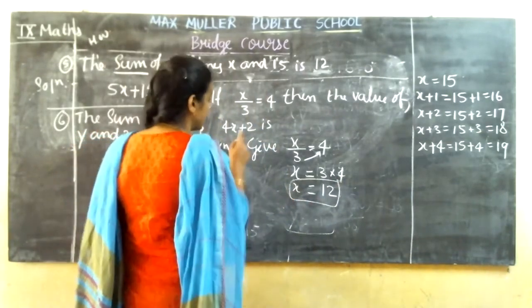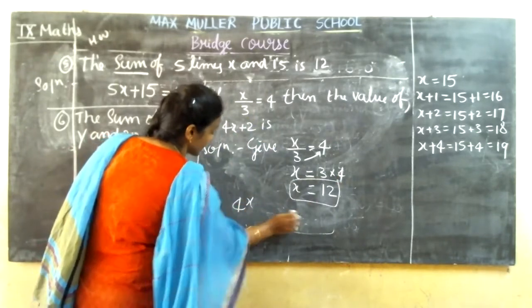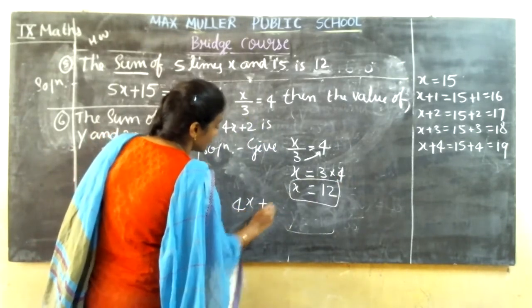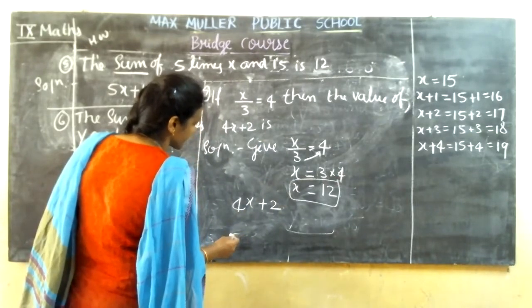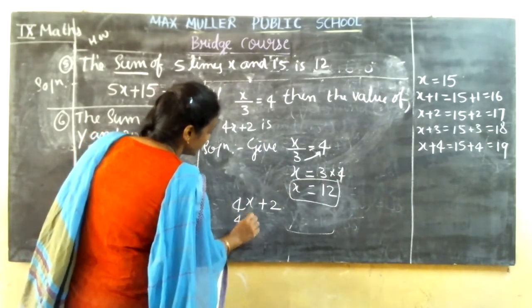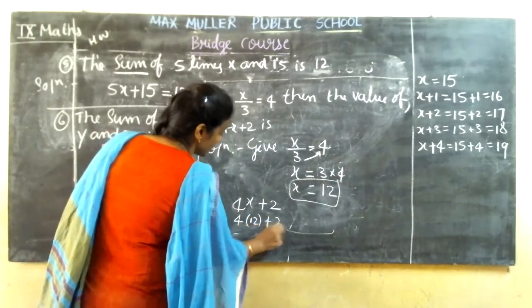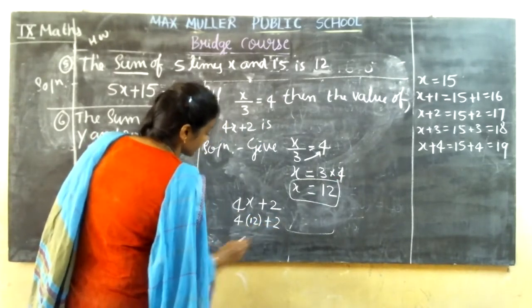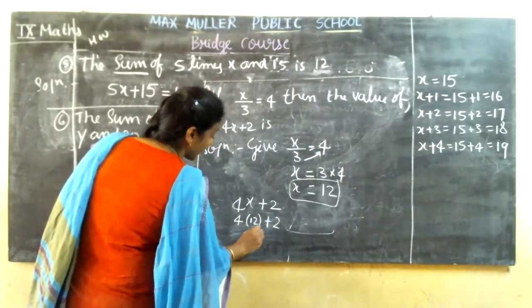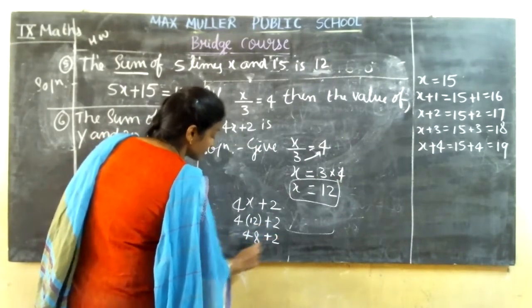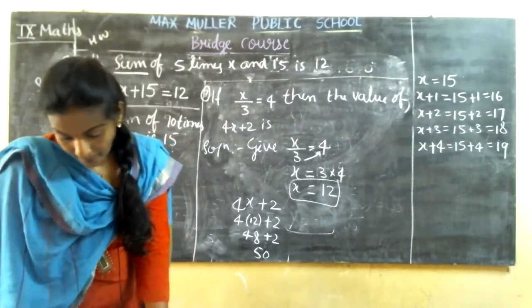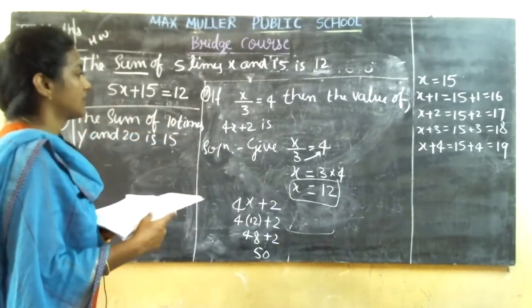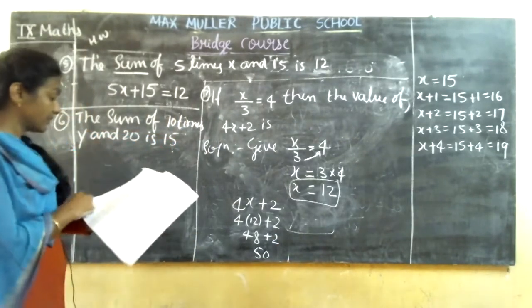Substitute this value of x in 4x plus 2. That is 4 into 12 plus 2. 12 fours are 48, plus 2. So the answer is 50.